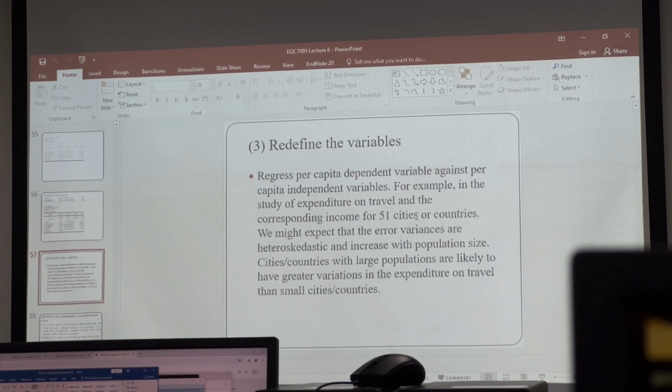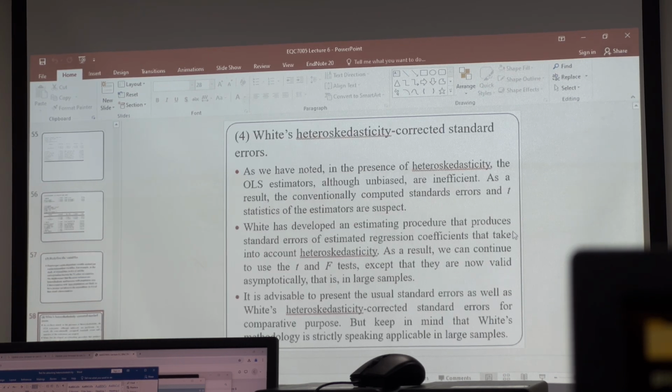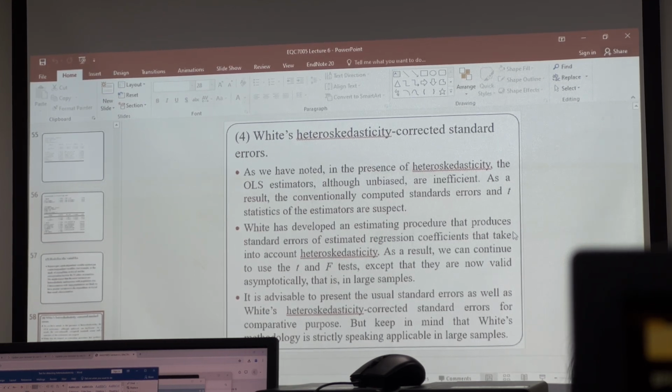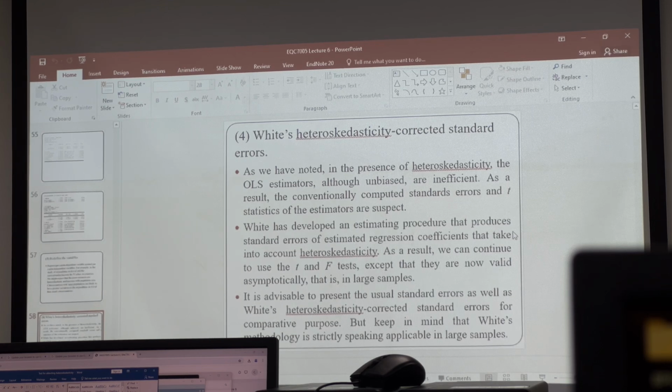The last possible way is using the robust standard error. This one is White's heteroscedasticity corrected standard errors. As we have noted, in the presence of heteroscedasticity, the ordinary least squares estimator, although unbiased, is inefficient.